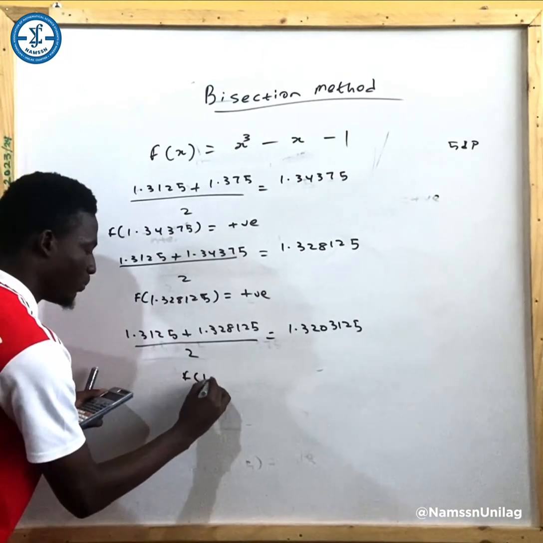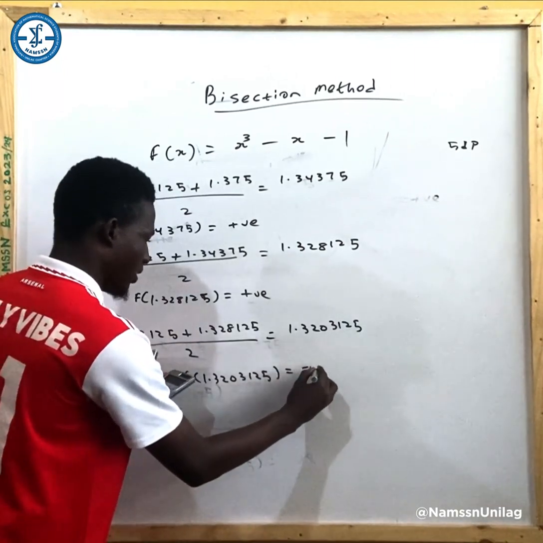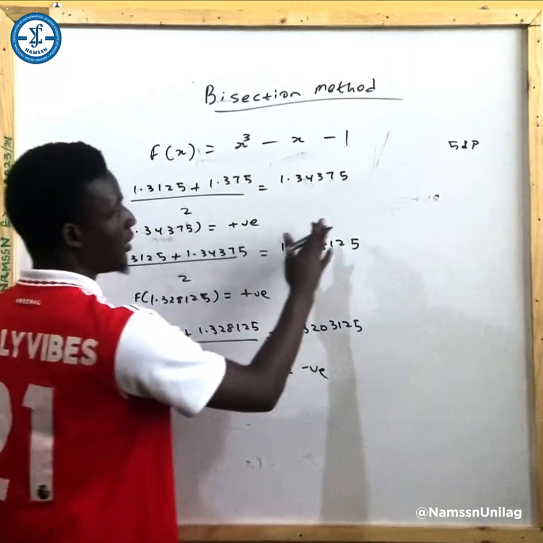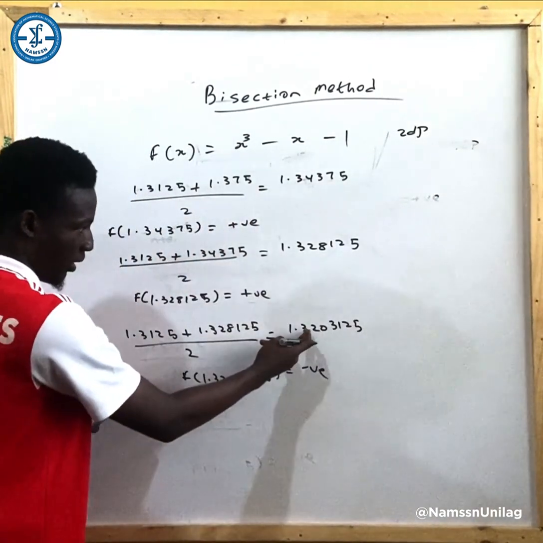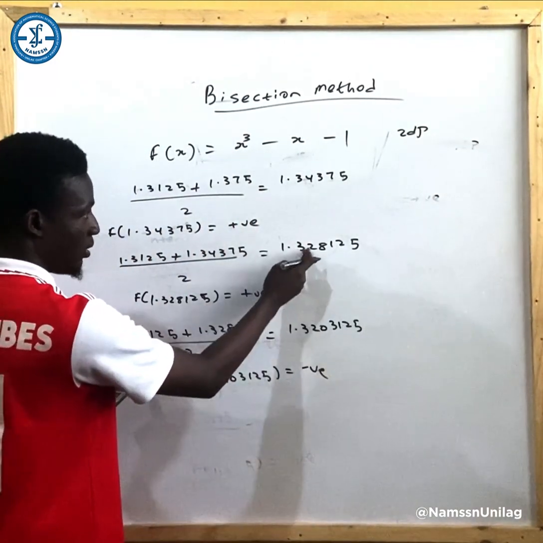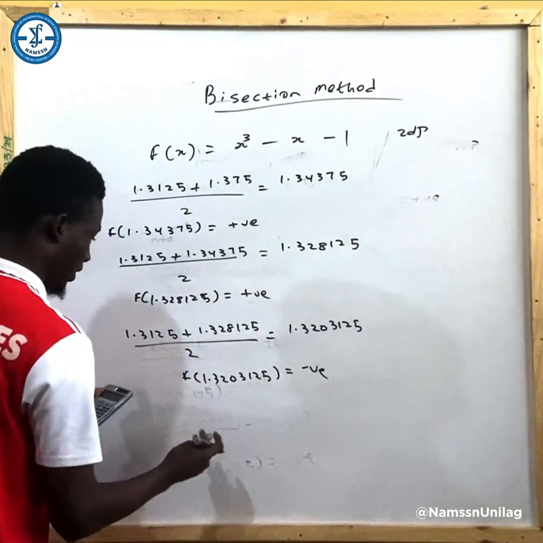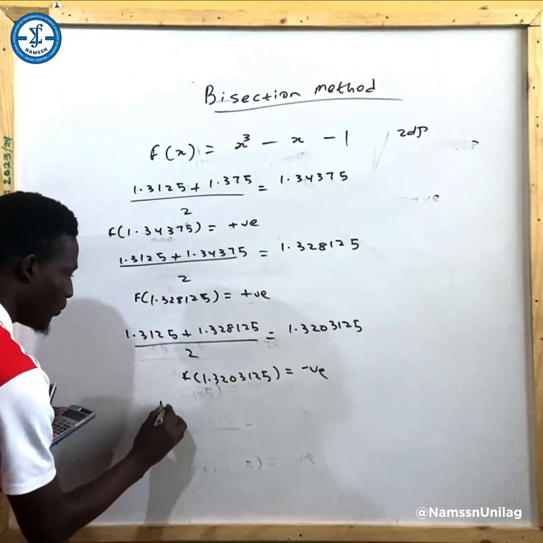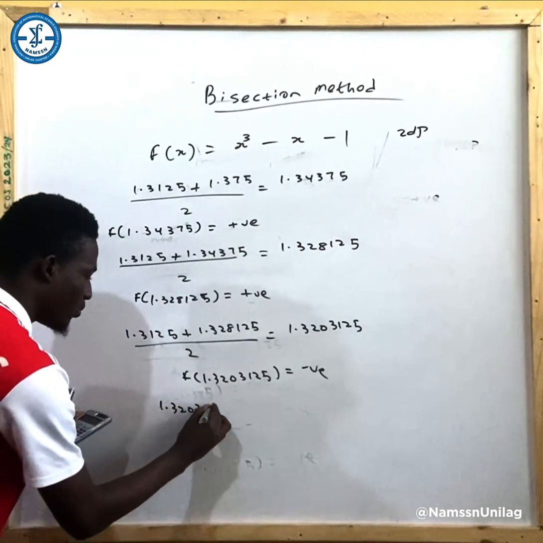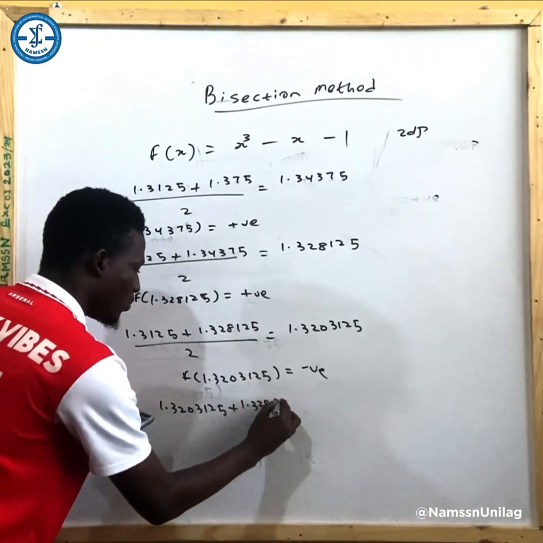So f of 1.3203125 is what? Negative. And don't forget, I'm deciding to get my answer in 2 decimal places. So I can see 1.32. It is converging already. So let me try it once again. If I'm going to replace this one with this, I have 1.3203125 plus 1.328125.